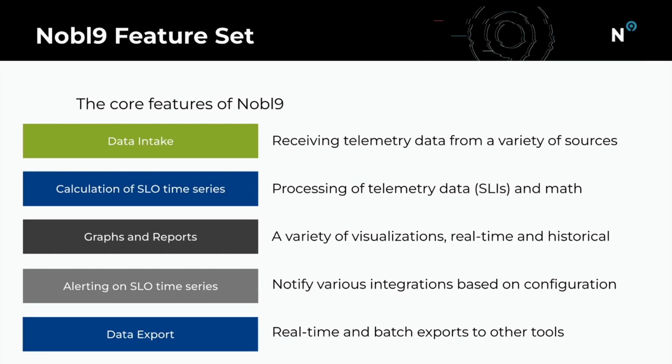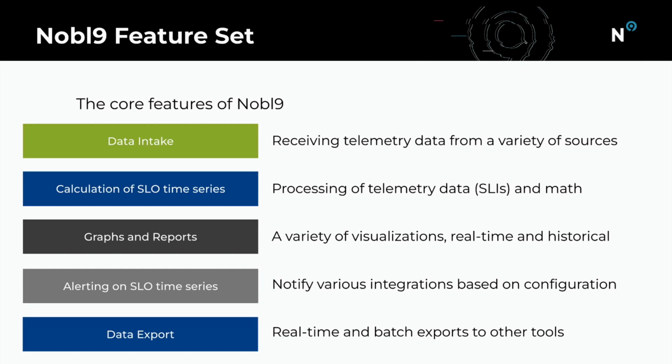So we handle all of the downsampling of that data into a presentable format, both in the graphs that you would use for looking at the SLO, as well as for reports, where we have the capability of generating reports for an executive summary or team review, whatever your use case is there. But we downsample and process that data for you, to be able to present it in a consumable way.